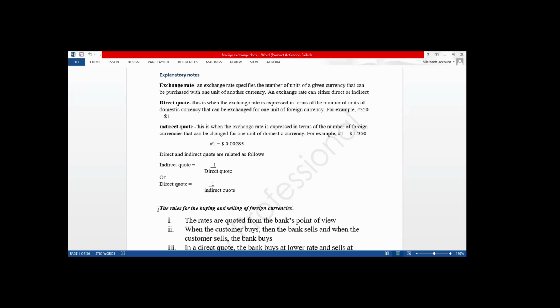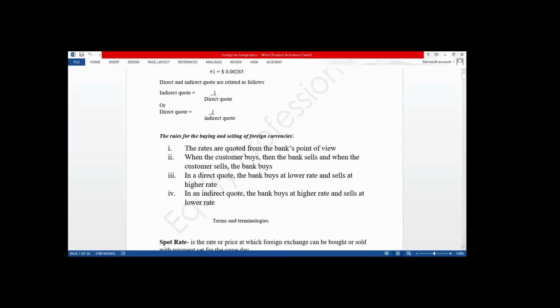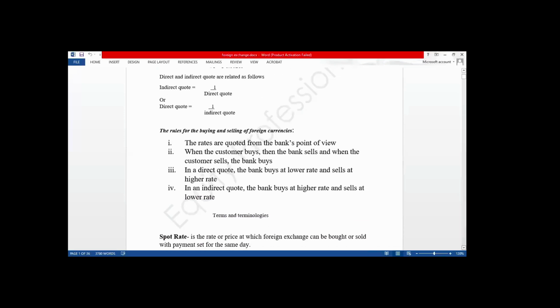What that means is that exchange rate will be quoted to favor the bank, or the authorized dealer. Number 2, when the customer buys, the bank sells. And when the customer sells, the bank buys.